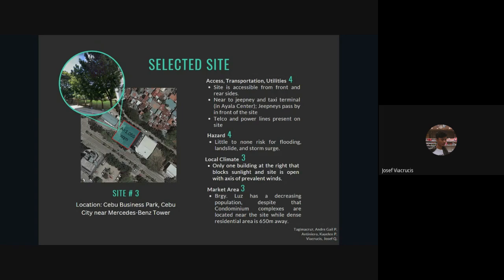Again, for hazards, it has little to no risk for flooding, landslide, and storm surge. For local climate, it is open on three sides, so sunlight can enter from the three sides, and the site is also in line with the axis of the prevalent winds. And again for the market area, Luz has a decreasing population, but the residential area is 650 meters away. Okay, very good.